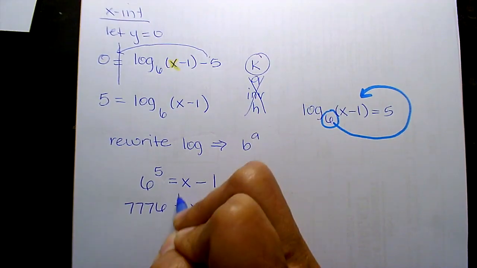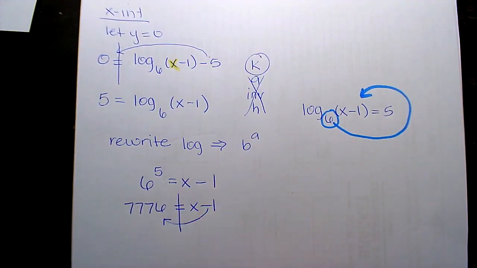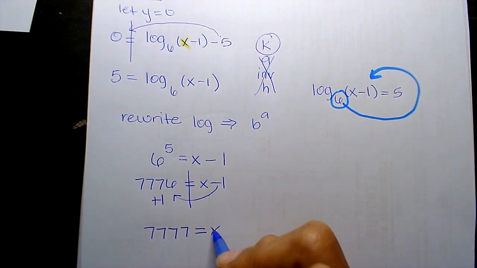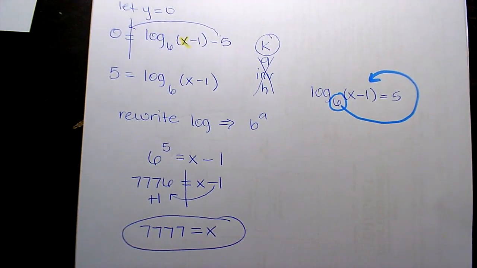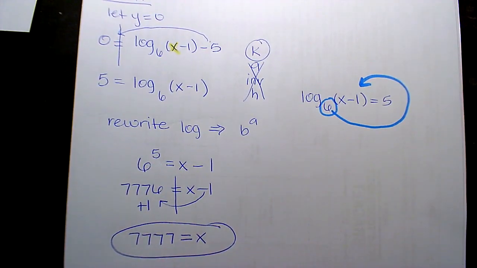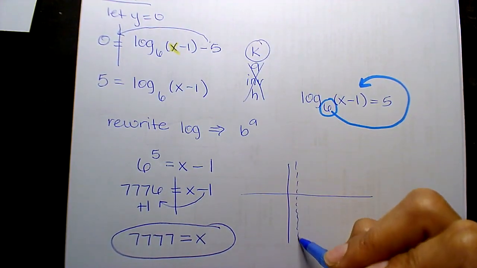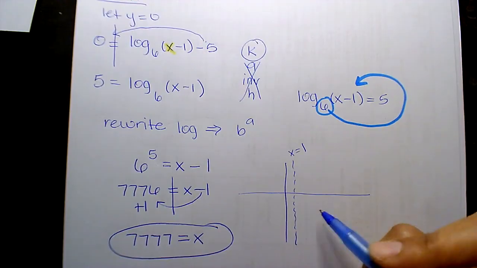x minus 1, but I'm going to take the 1 over because I want x by itself. And so I get 7777. Is that a lucky number? And that is your x-intercept. So your graph is way over here. x equals 1 is my asymptote.